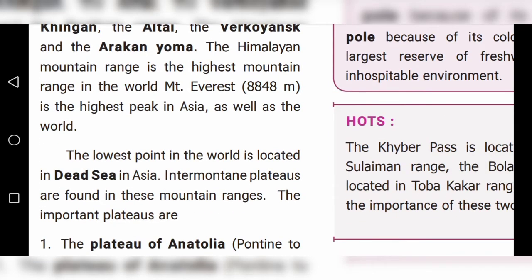Which is the lowest point in Asia, we also have to know. The lowest point in the world is located at the Dead Sea in Asia. So the highest point of Asia is Mount Everest, 8,848 meters, and the lowest point in the world is located at the Dead Sea. It is also present in the continent of Asia.